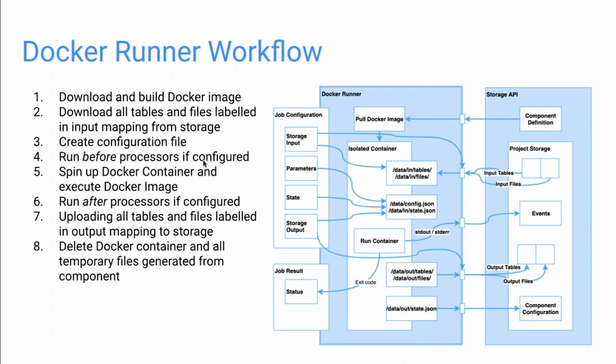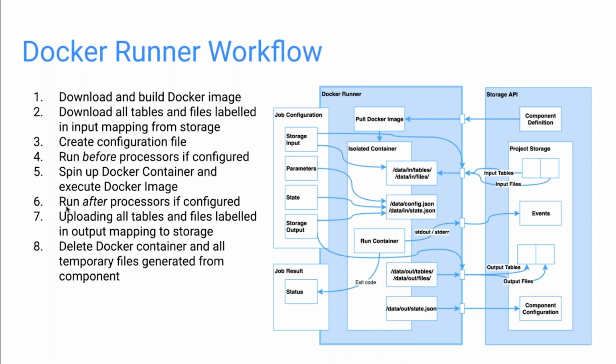Okay, an example would be, let's say your component is going to download some zip files, then it will be a good time to use a decompress processor to decompress those files automatically for you instead of doing it in your application. Number 5, Docker Runner is going to spin up a Docker container and execute the Docker image with the parameters, the input files or tables and configuration.